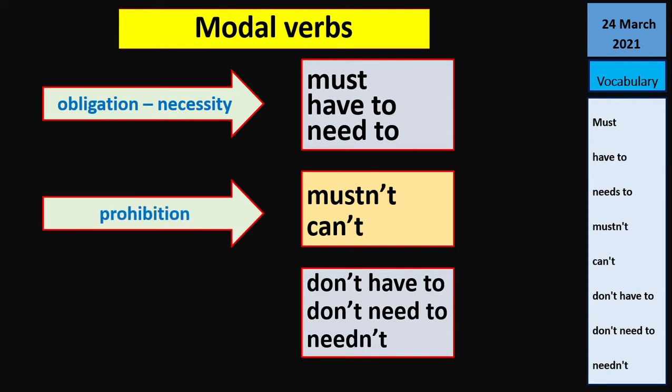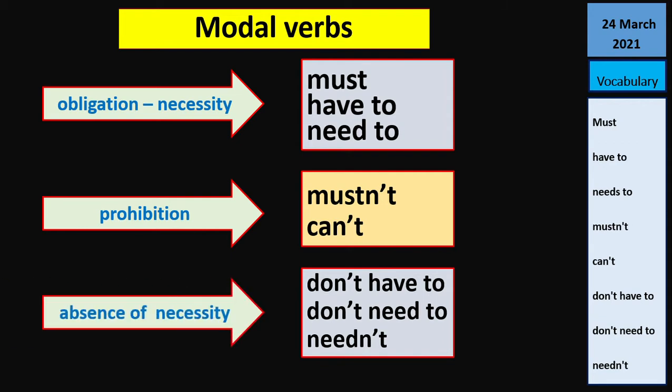The things that you shouldn't do, you cannot do, because this one is prohibited. For example, mustn't and can't. What about this one? We use don't have to, don't need to, or needn't for the absence of necessity.